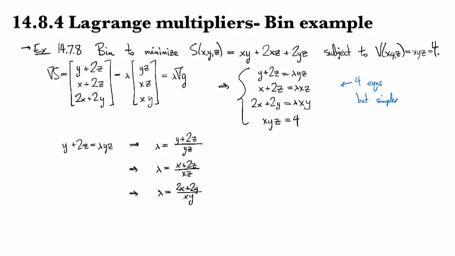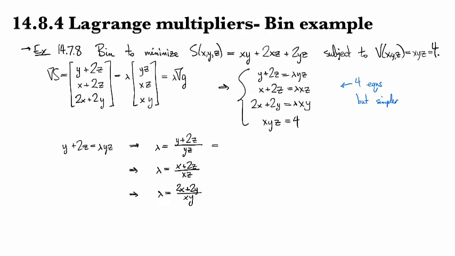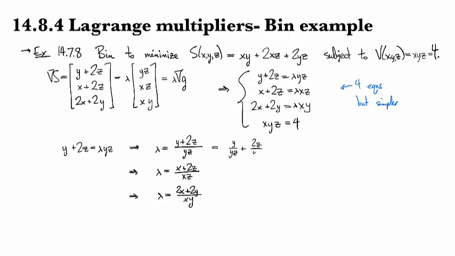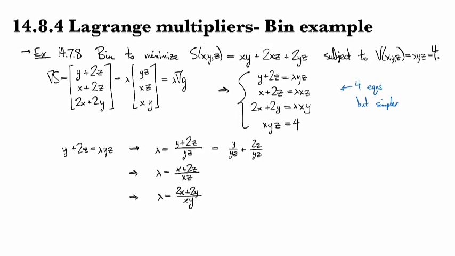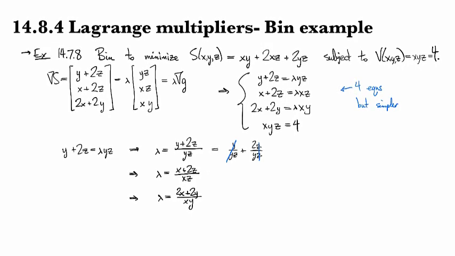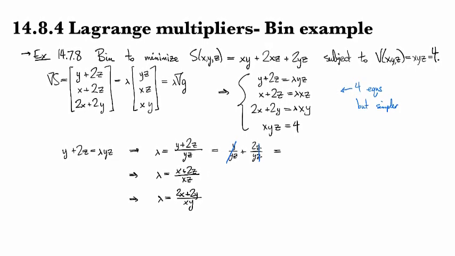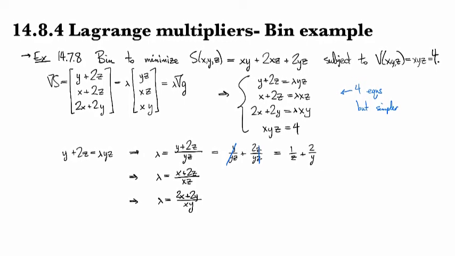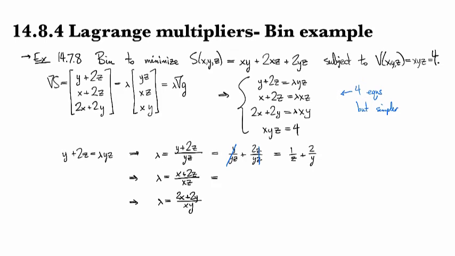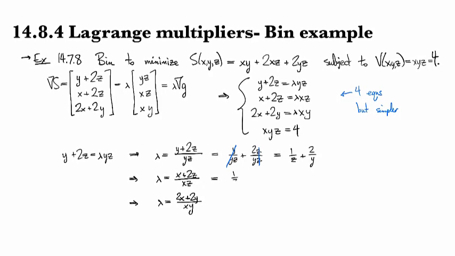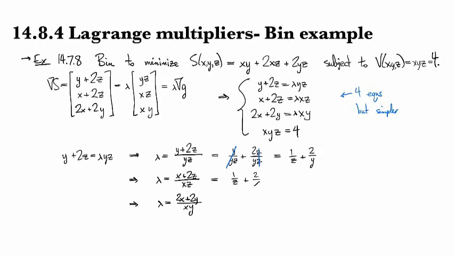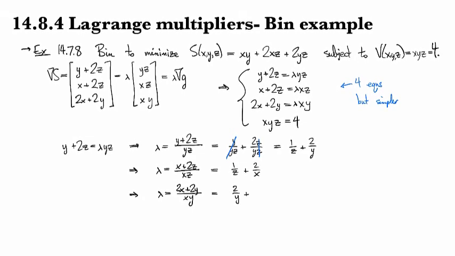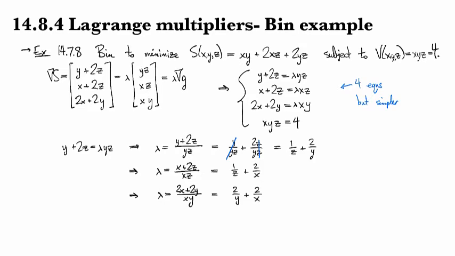And by splitting apart each of these fractions, so in other words, this looks like y over yz plus 2z over yz, then I can cancel in each case and get something simpler. So 1 over z plus 2 over y. And for this one, I will get 1 over z plus 2 over x. And from this one, I will get 2 over y plus 2 over x.